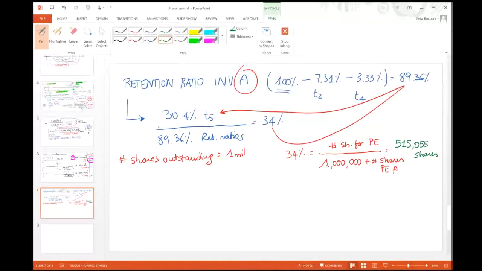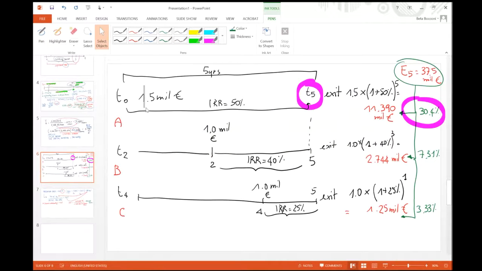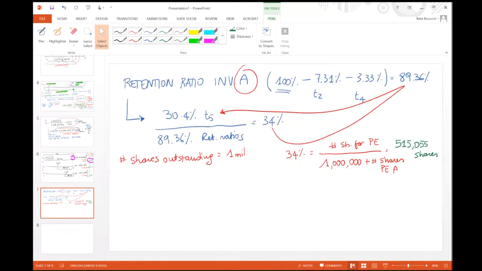And again, let's make some calculations. We know that we want to invest 1.5 million euros here. We want to buy 515,055 shares.